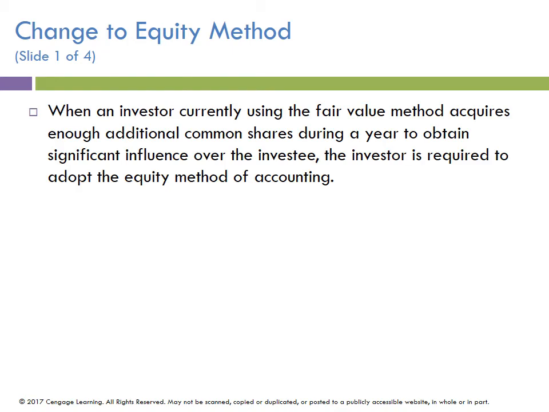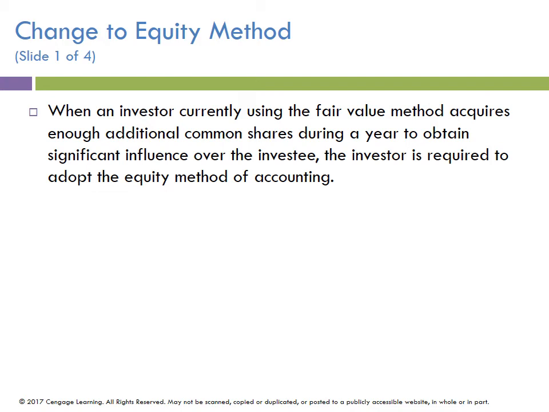Now, the last major area I think that we're going to talk about here is changing to the equity method. I'm not going to spend a huge amount of time with this. In an advanced accounting course, you will be learning this as well.